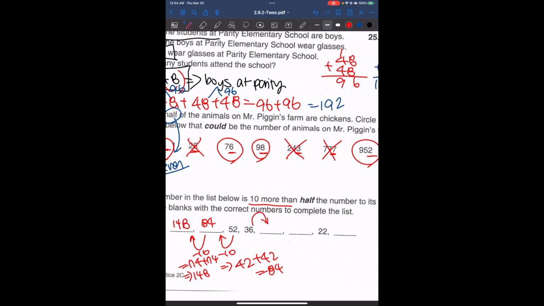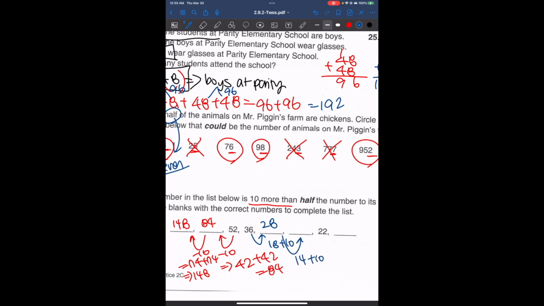Now let's go in the correct order. So we add 10. Instead of doing 10 first, now we're going to have to take the half first. So half of 38 is going to be 18, and 18 plus 10 is 28. Half of 28 is going to be 14, since 14 plus 14 is 28.